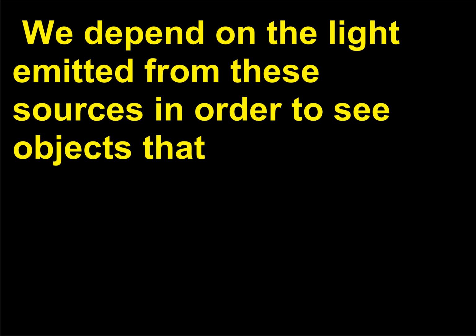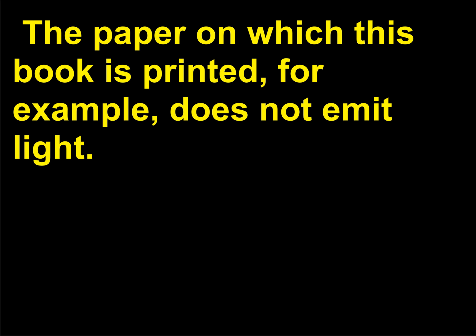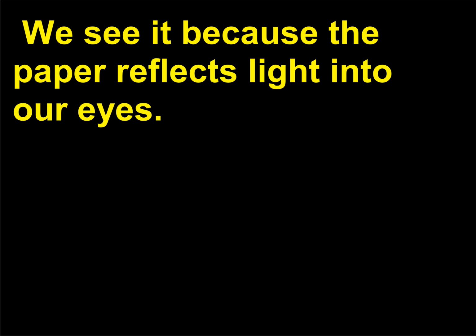We depend on the light emitted from these sources in order to see objects that don't emit light. We see those objects because they reflect light into our eyes. The paper on which this book is printed, for example, does not emit light. We see it because the paper reflects light into our eyes.